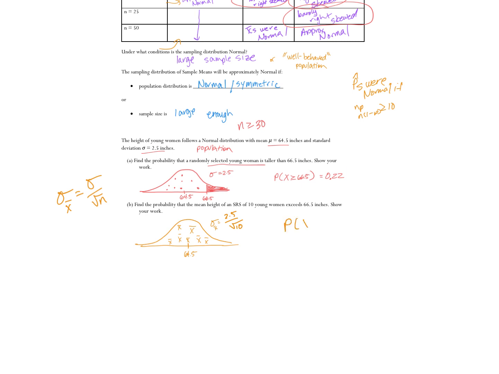And I know this because essentially we're finding the probability that a mean is greater than 66.5. Now, this is going to be a much, much lower probability. What are you guys getting? 0.8?